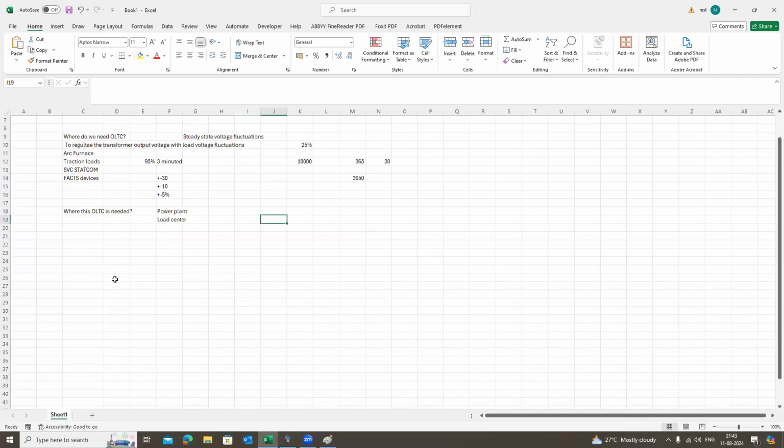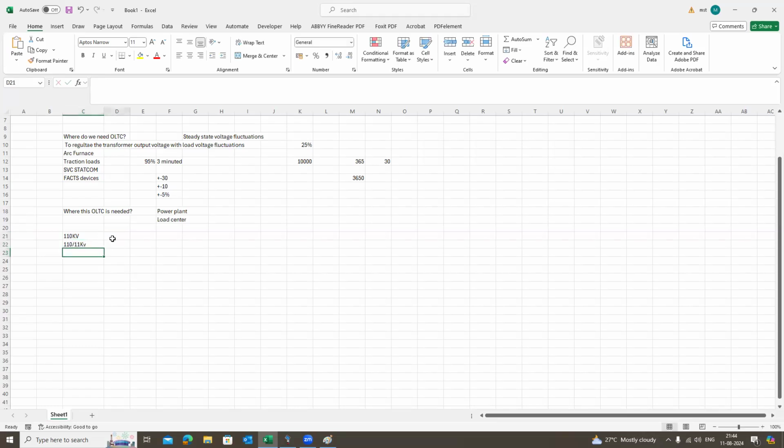Right. Now, just to understand how to do the OLTC, let us pick up a small application for the load center. Let's assume that we have a 110 kV utility system and a 110 by 11 kV transformer.